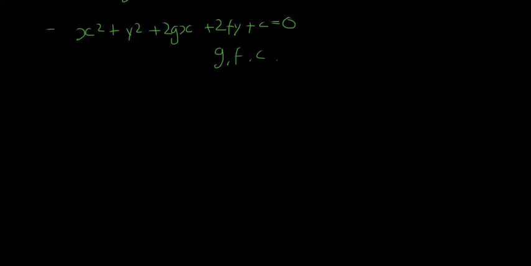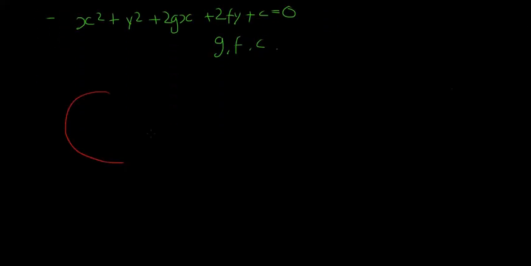The first one we need to know is that, say we have our circle there, and then we get a tangent here. Remember, a tangent is a line that hits the circle at one point only. Say we have the center of the circle here, and I'm going to draw a line from the center of the circle to the tangent.